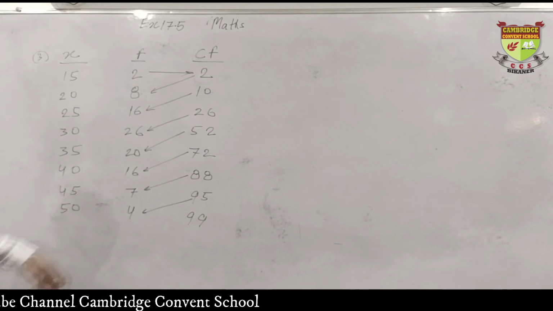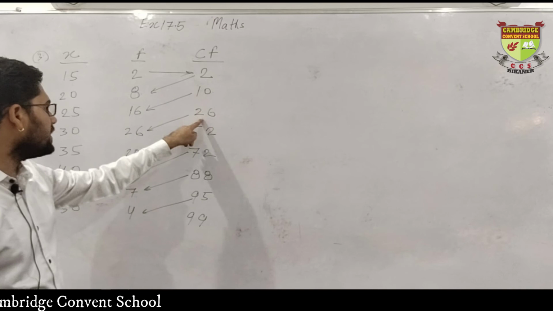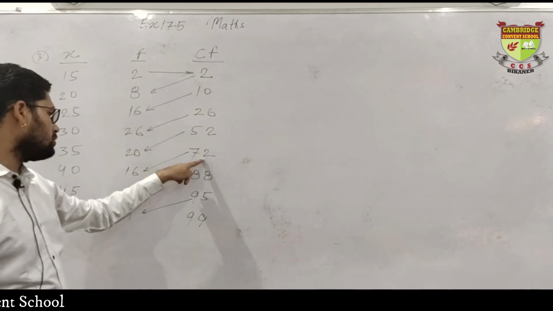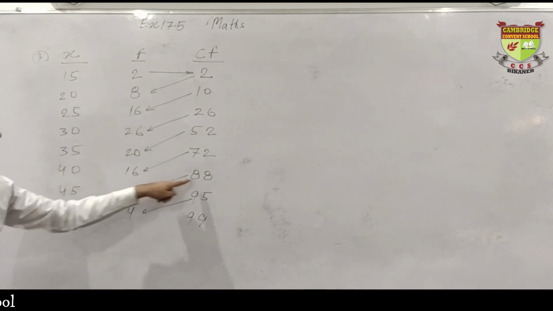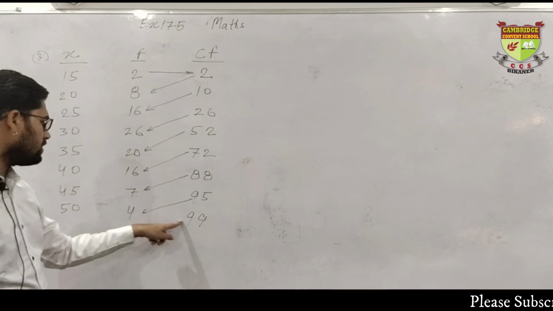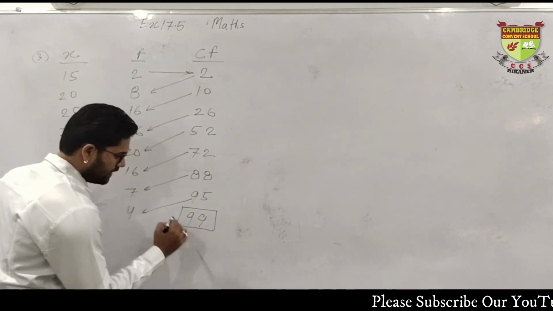Okay. See this sum again. 2 as it is written, 2 plus 8, 10. 10 plus 16, 26. 26 plus 26, 52. 52 plus 20, 72. 72 plus 16, it will be 88. 88 plus 7, it will be 95. 95 plus 4, 99. Okay. This is 99. The end number is 99.